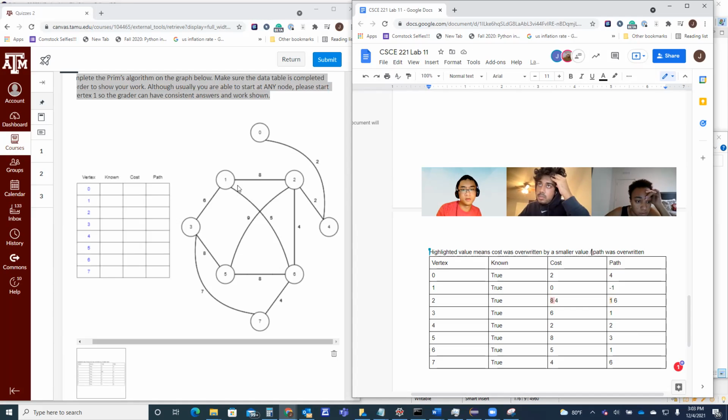So we started at 1, it's true, and 0, -1. Then there's 6, 5, and 8. So we choose 6 and make it true. And then we put the cost as 5. Or the cost was 5. And then the path is from 1. And then, yeah, gotta check the other ones. There's a 4 and an 8.